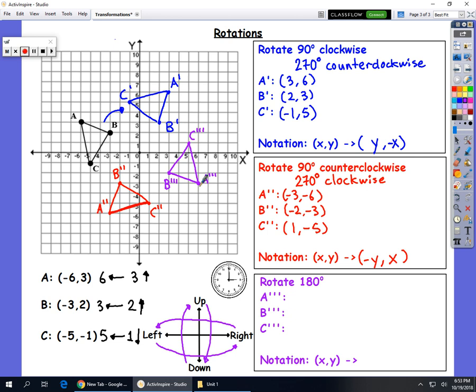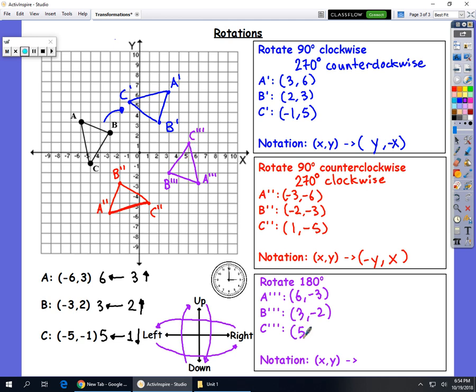All right, now, so this is my 180-degree rotation here. Again, thinking about the points. 6, negative 3. So we're going to write 6, comma, negative 3. B triple prime is 3, negative 2. C triple prime is 5, comma, 1.